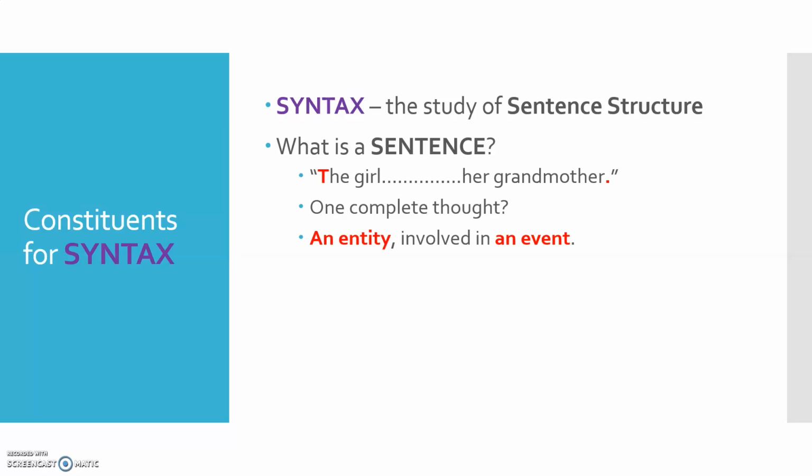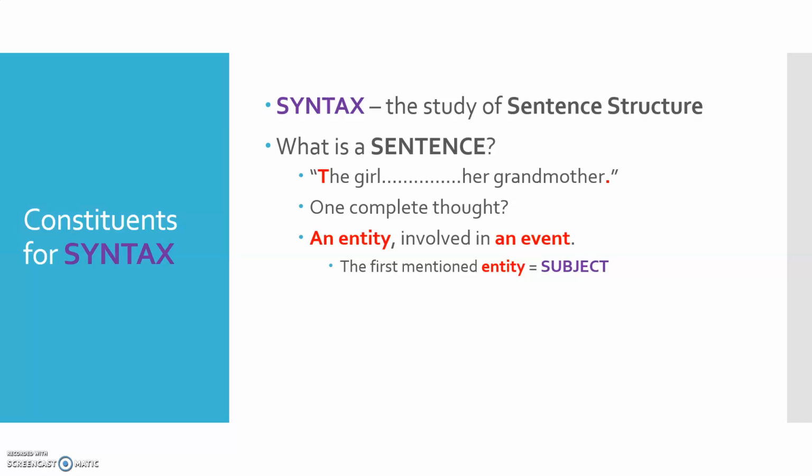So a good way to think about a sentence is that it is a structure of language that marks an entity, and that entity is involved in a particular event. And the entity and the event are important because we can then break a sentence down into those two pieces, where the first mentioned entity in the sentence is the thing we call the subject of the sentence.